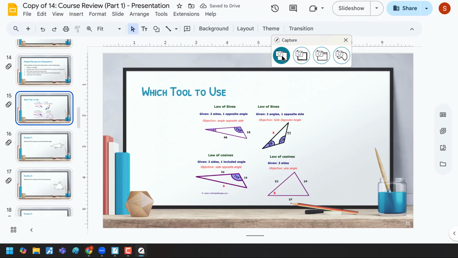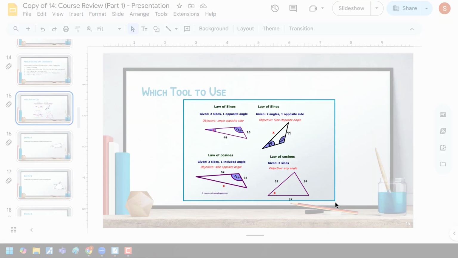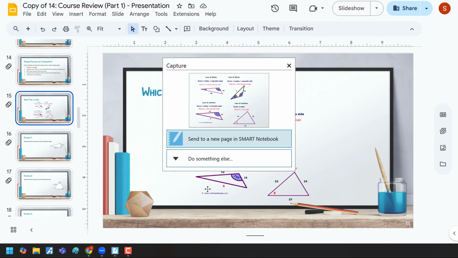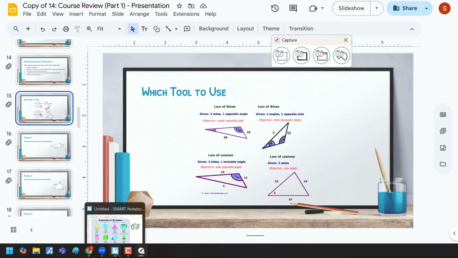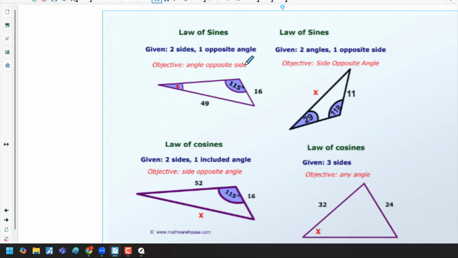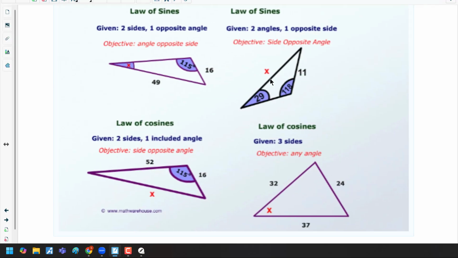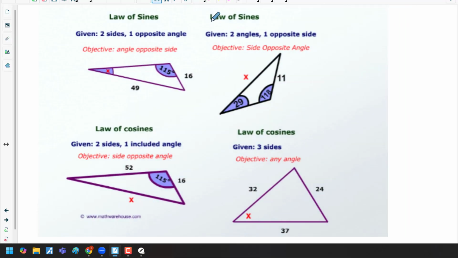All right, so what's going on here? If you remember, the law of sines, or sine law, can be used when you have 2 sides and 1 opposite angle, or you can be given 2 angles and 1 opposite side.